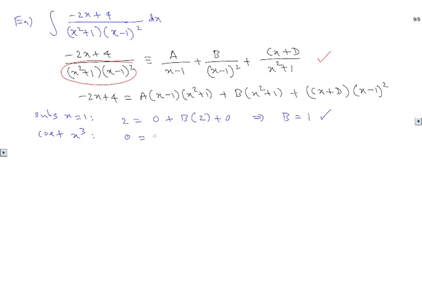On the right side, when you distribute the first two factors, you need x cubed, so the coefficient is going to be a. And from the second one you don't get it, but from the third one you again get an x cubed term, so it's going to be c. So we get a plus c. But we don't know a, we don't know c, so we cannot find anything.